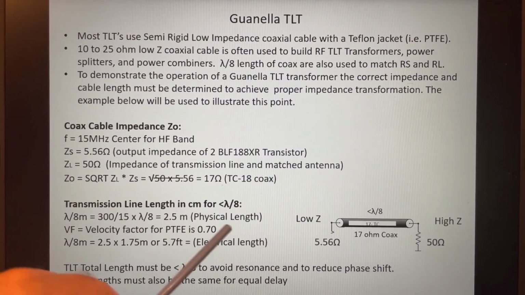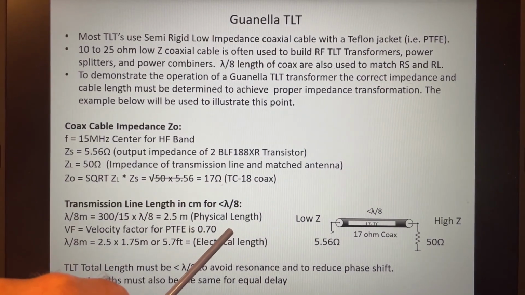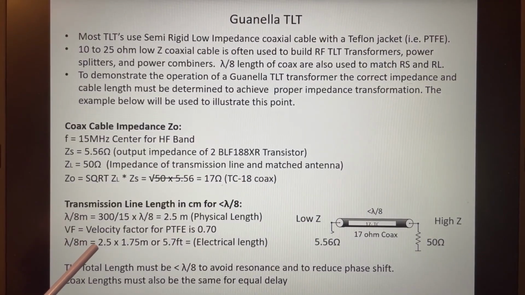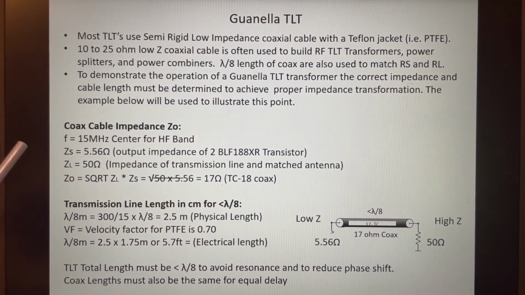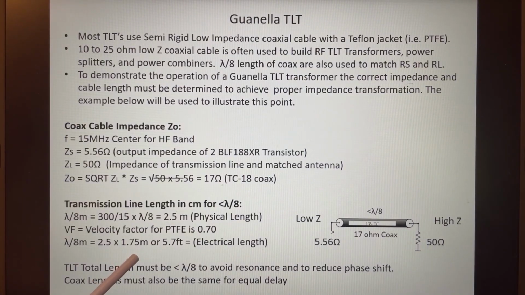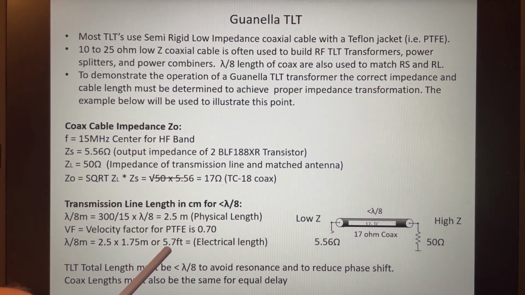And then if we apply the velocity factor for this coax, it's 0.7. So if we take the physical length times 0.7, we find that the electrical length would be 1.25 meters. And if we convert that to feet, it's 5.7 feet.